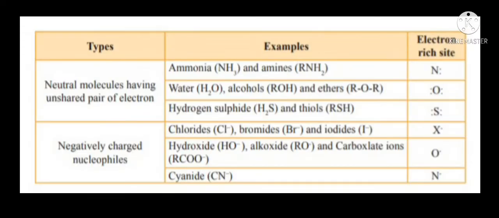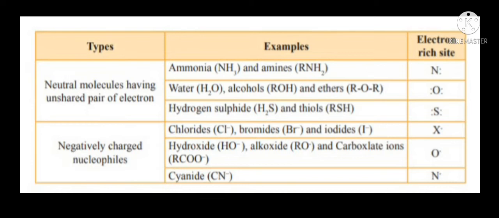This tabular column explains the types and examples for nucleophile. Here we are having two types of nucleophile, namely neutral nucleophile and negatively charged nucleophile. Consider neutral molecules having an unshared pair of electrons. The following are examples for neutral nucleophile. Ammonia with the formula NH3 and amine with the formula RNH2. Here the electron-rich site is nitrogen with one lone pair of electrons.